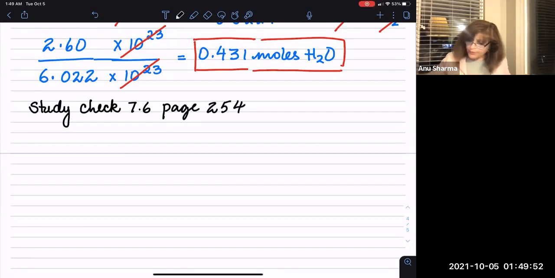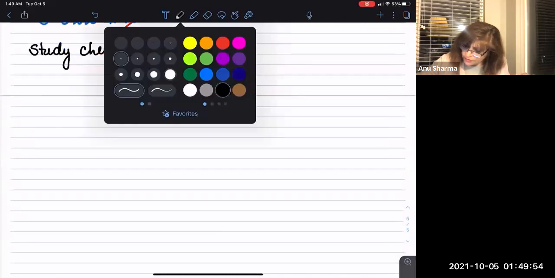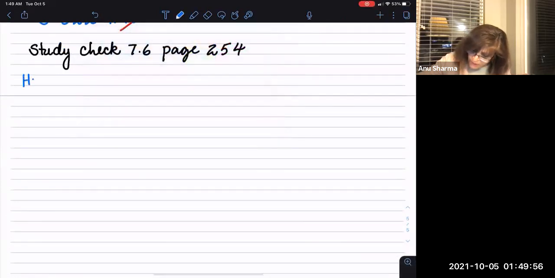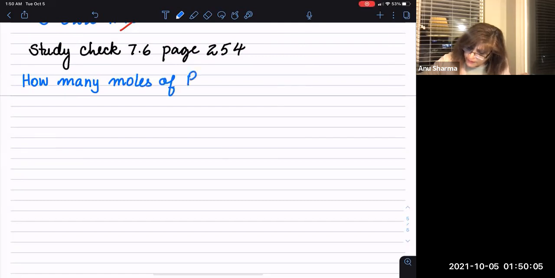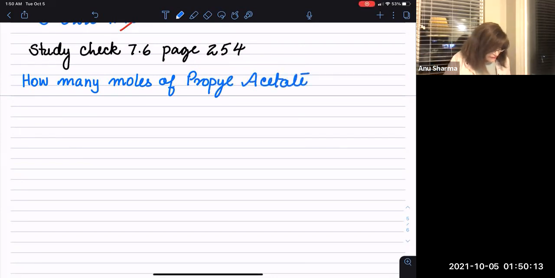How many moles of propyl acetate? So the question is, how many moles of propyl acetate? That is C5H10O2.